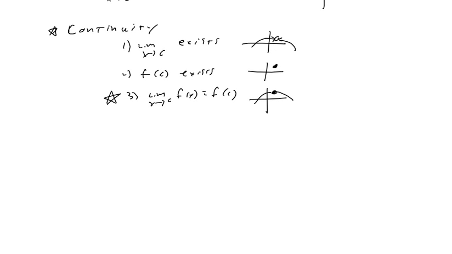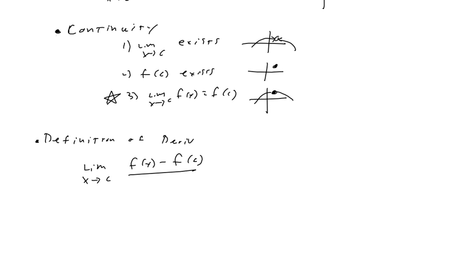Limits also define the derivative. The definition of the derivative: we have a limit definition of the derivative, which is the limit as x approaches some value c of f of x minus f of c over x minus c.